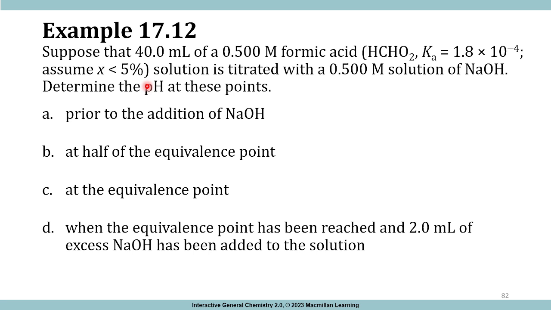Now, this is actually the most challenging part of these chapters: the word problems, and understanding the language of the word problems enough to actually set the problem up, okay? Because every problem can be done the same way, ICE problem, right? But we have formic acid. Formic acid, according to this Ka, is a what?